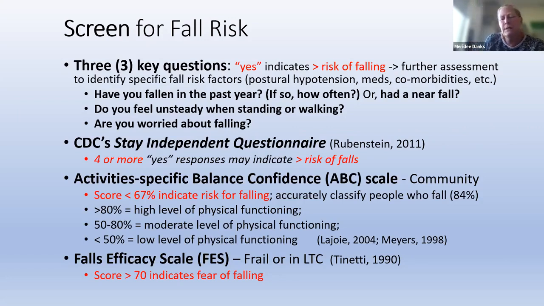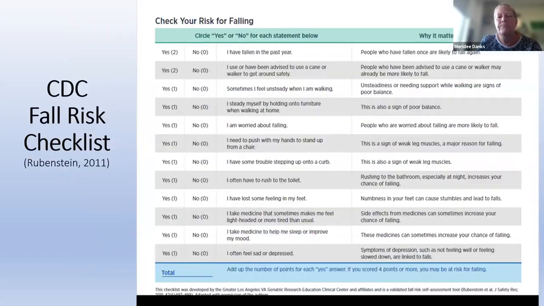The CDC has the Stay Independent questionnaire. It was developed by Rubenstein, and these are a few more questions. If you see them, they really relate to the 4 M's. They look at medication, a little bit at mentation, and functional activities. With the CDC fall risk, you get a point for each of the questions with the exception of the first 2.